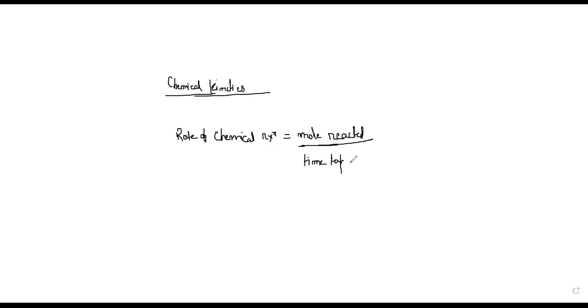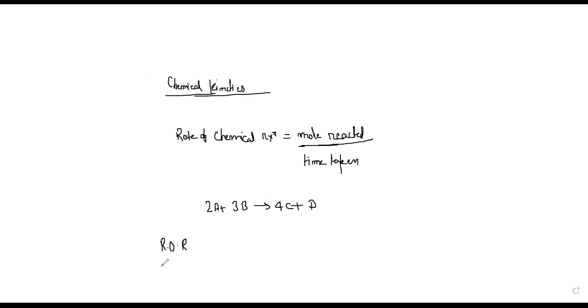Suppose the reaction is given like that: 2A plus 3B forms 4C plus D. Please try to understand this concept. How are we able to write the differential rate value in terms of reactant and product?